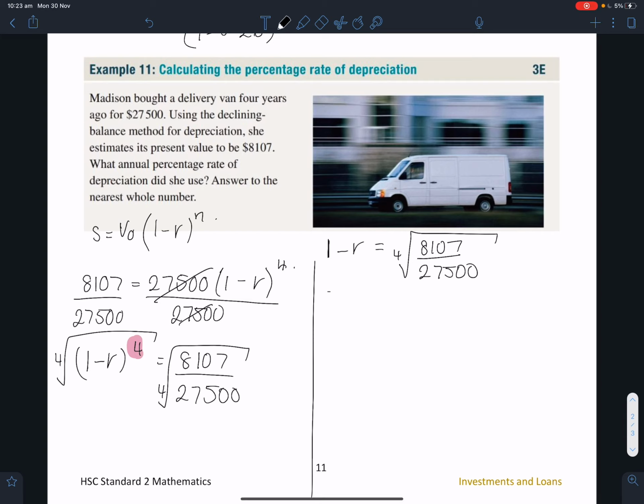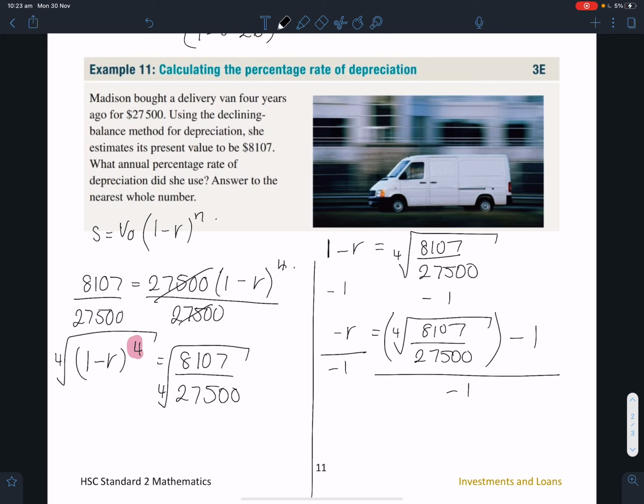Now we need to minus 1 from both sides. So I get minus r equals the fourth root of 8107 over 27500, minus 1. The root is separate from the minus r, so you can put it into brackets so that you don't get confused. Because that's minus r, you want to divide all of that by minus 1.